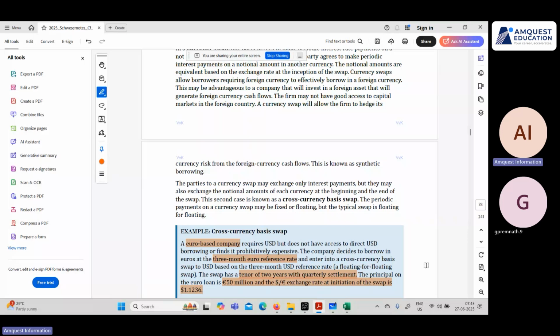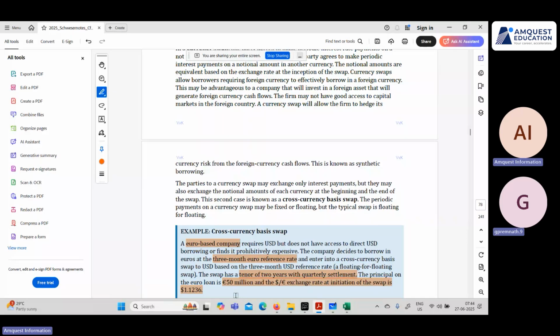Finally, at the end of 2 years, the swap dealer, having been given USD, will have to return the 50 million euros at the exchange rate at that time, which is the same in this case.